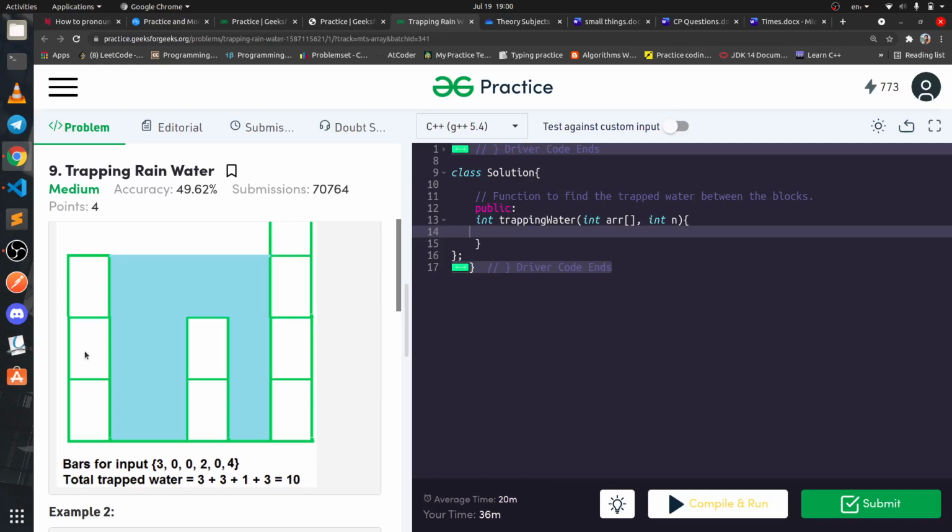Okay, so for this 0, the max of left is 3 and the max of right is 4, so their min will be 3, and it will trap 3 units of water above it. To solve this there are two approaches. One is to find the left and right maximum for every element every time, and the other approach is to use suffix and prefix arrays.